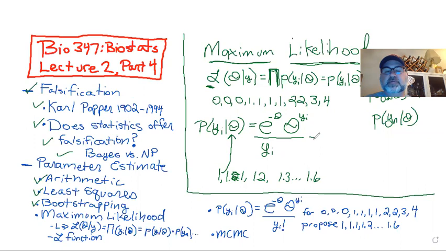So for example, you would have e to the -1, I'm sorry, just 1 to the yi, so yi in this case is 0, over yi factorial. For 0 it's just 1, right?